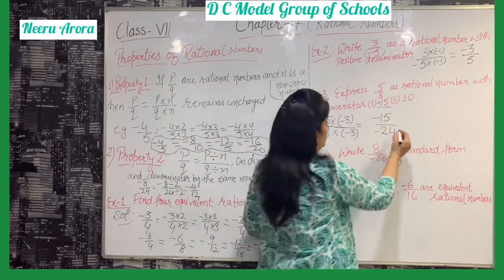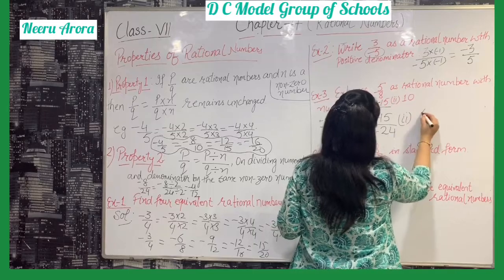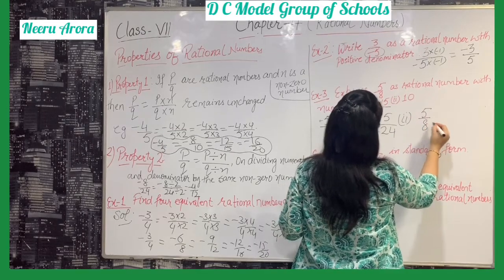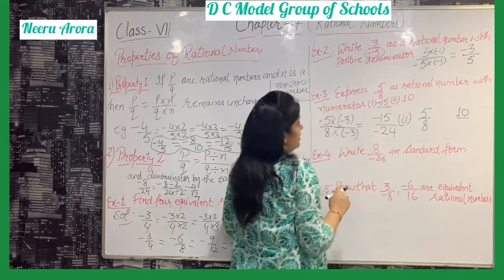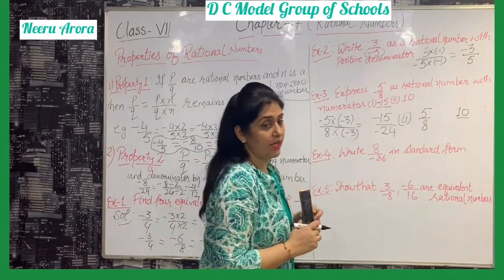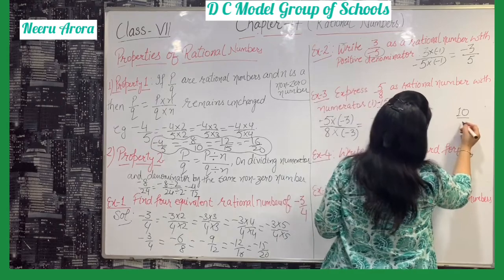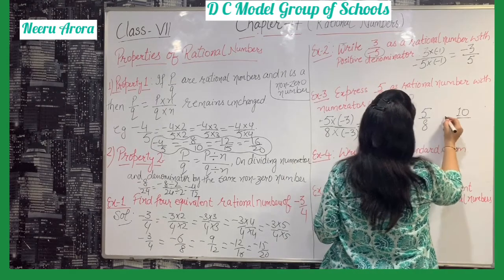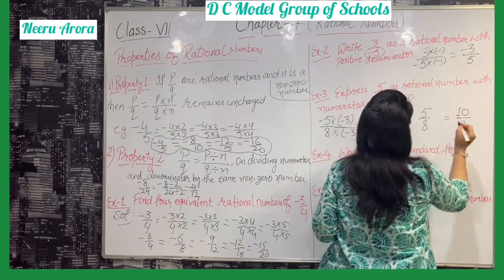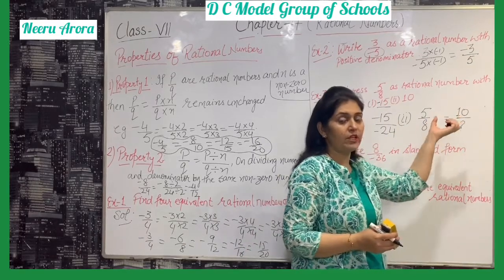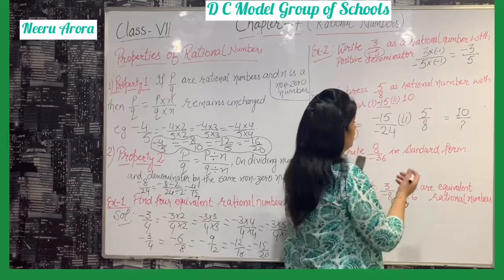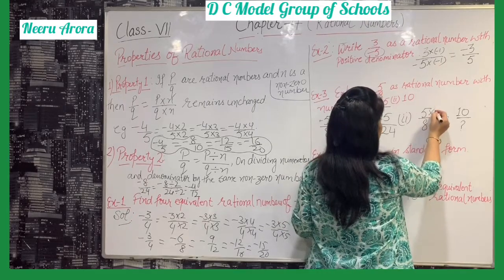So the second part. Express 5 by 8 as a rational number with numerator 10. Now we want numerator 10. What will be the denominator? Here there are only positive numbers. We have done this sum in fractions also. With which number will we multiply 5? 2.